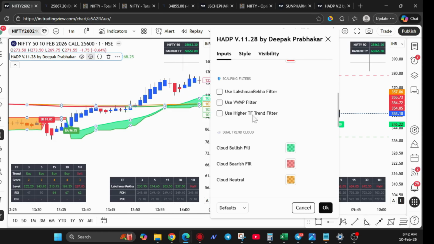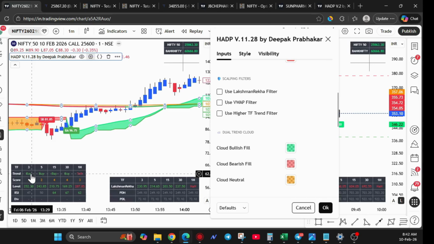Now there is something called use higher time frame trend filter. This is the most important part, very important, because this is actually aligning with your higher time frame. I told you about the parent candle. For a 1 minute candle, for example, you got a buy signal here. This buy signal will be valid only if your 3 minutes is into buy.